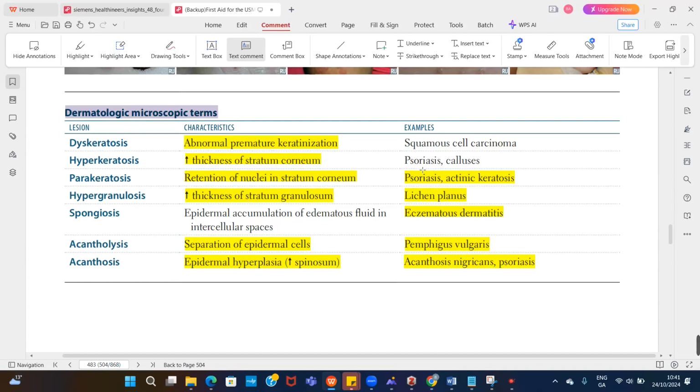They retain the nuclei. An example of such a condition is still psoriasis, in which you have retention of the nuclei of the keratinocytes in the stratum corneum. Another disease in which you can have features of parakeratosis is actinic keratosis. We are going to talk about that towards the end.